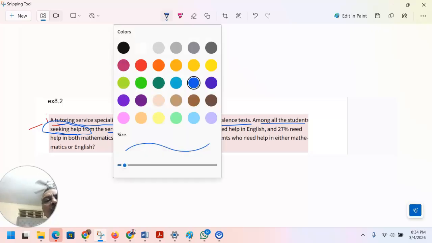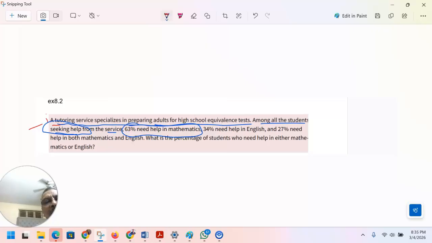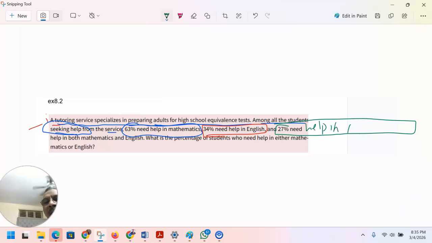That is, for every 100 students, 63 students, and there are some students, 34%, who need English, and there are some students who are both. These need help in maths as well as English both. Right?